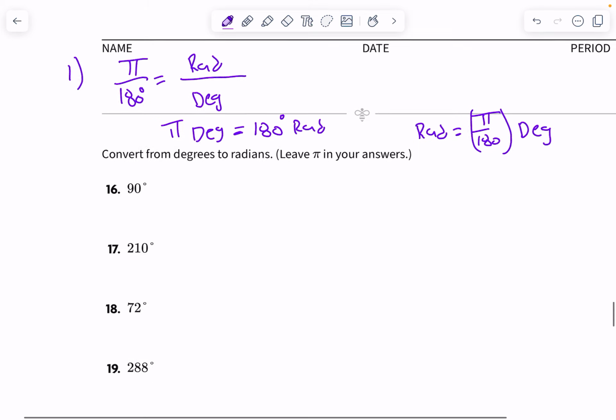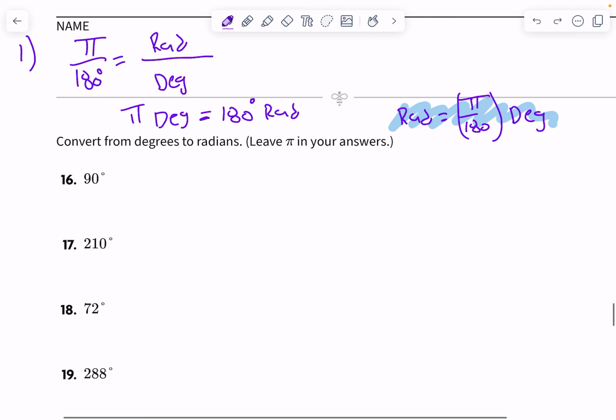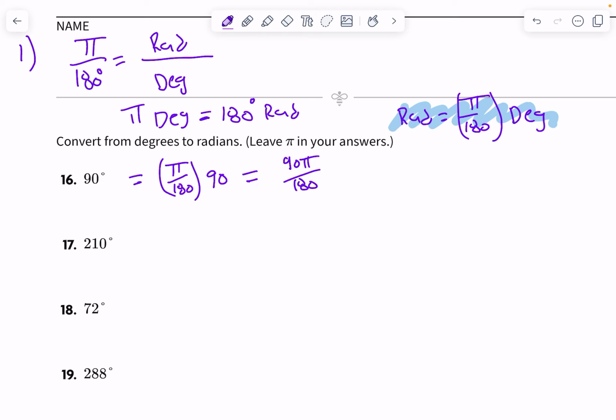If I'm being honest, you can simply use this here. Going from 90 degrees, this is equivalent to pi over 180 times 90. That is 90 pi over 180, which is equal to pi over 2.